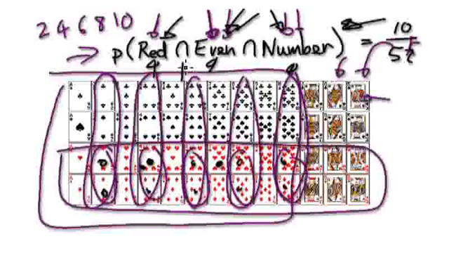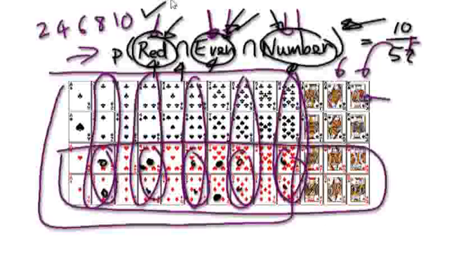But here we want "and", so all three conditions need to be satisfied. If you pick out the 7 of diamonds, it's a red card, yes, but it's not an even card, but it is a number card. You've got a cross here, so a 7 doesn't count. Whereas if you pick out a 10 of hearts, yes, it's red, yes, it's even, yes, it's a number.